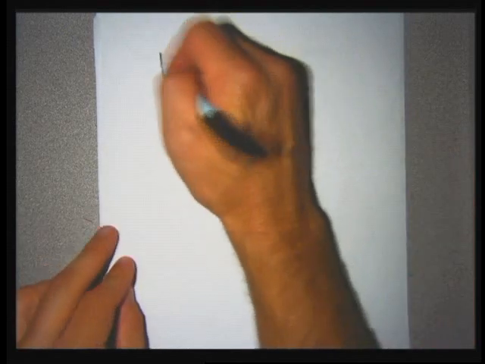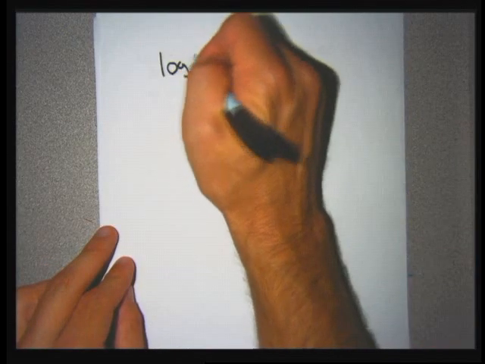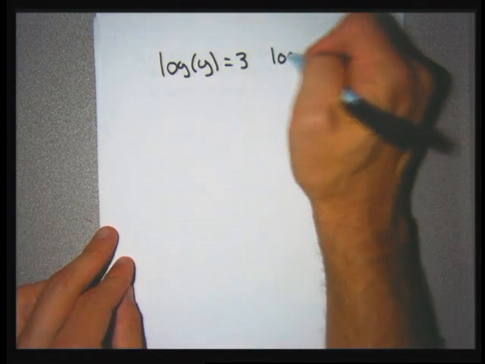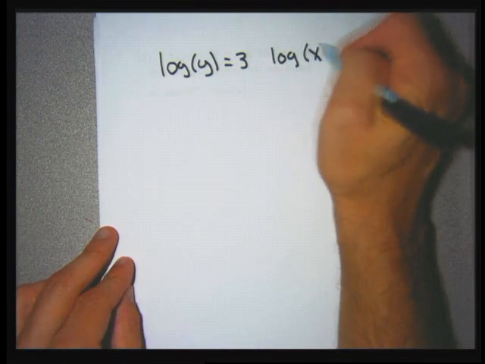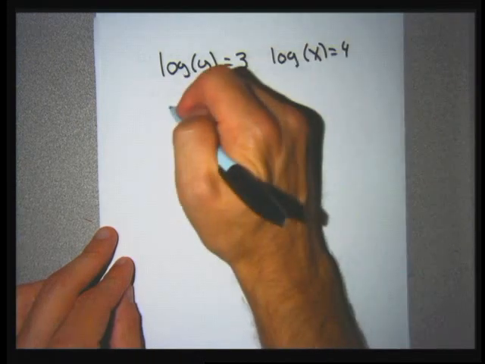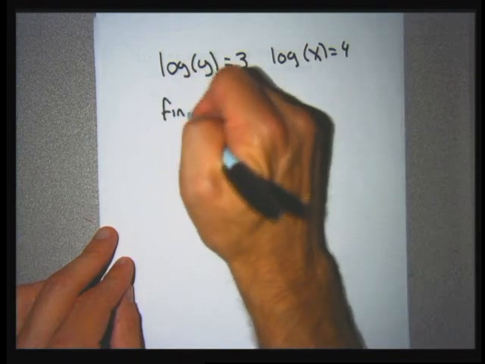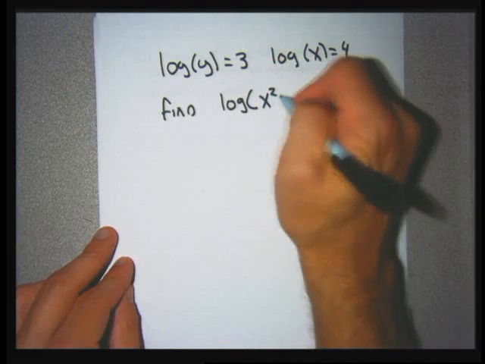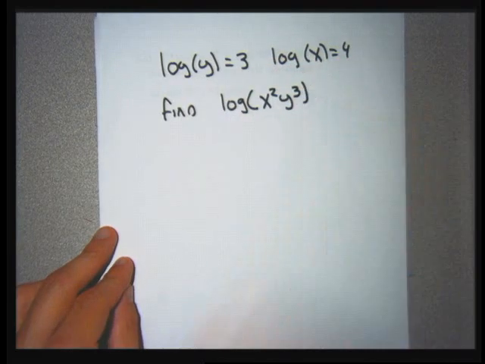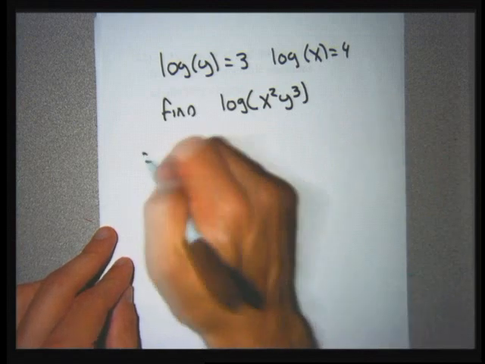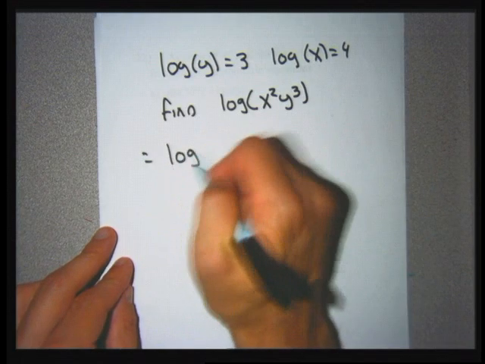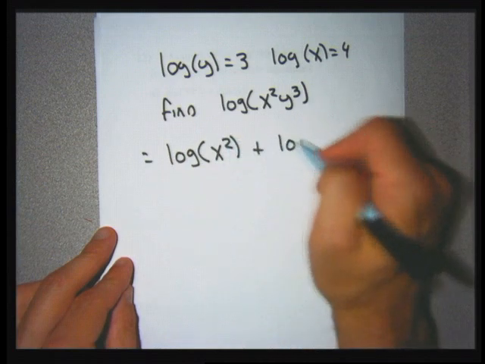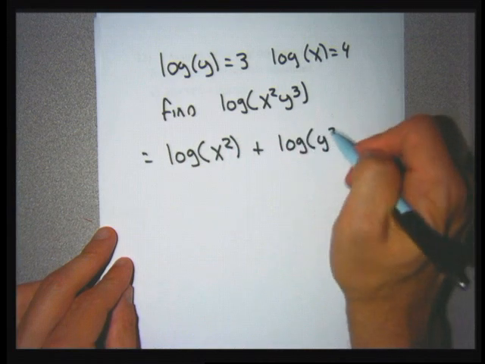So if log of y is equal to 3, log of x is equal to 4, find log of x squared y cubed. So I'm going to expand it. This equals the log of x squared plus the log of y cubed.